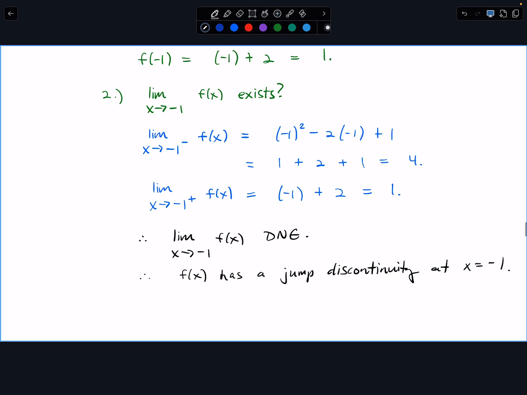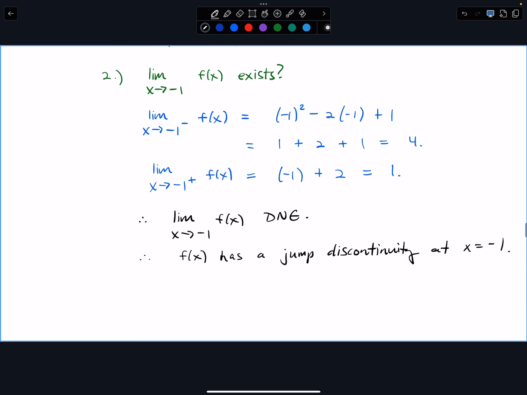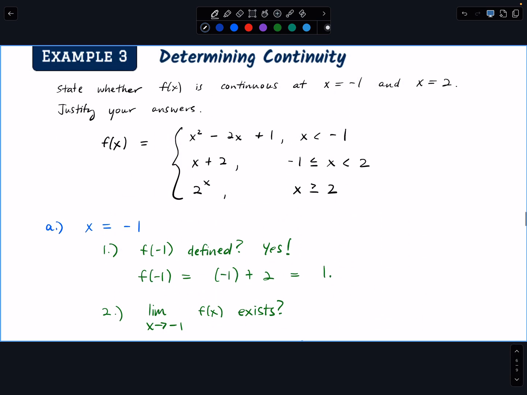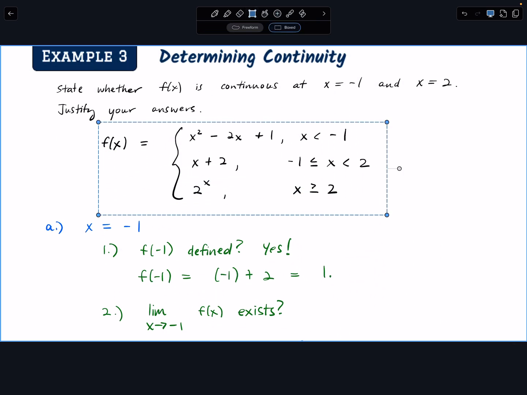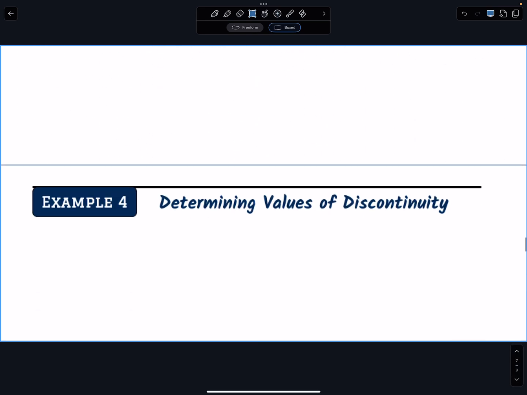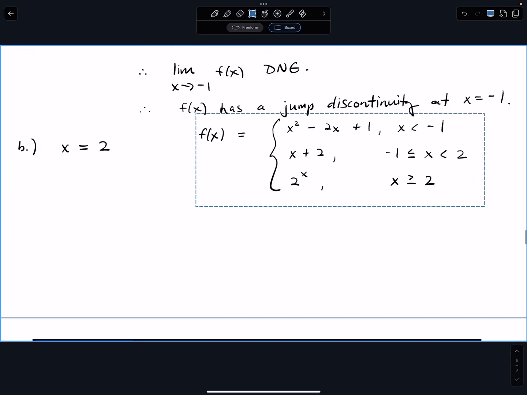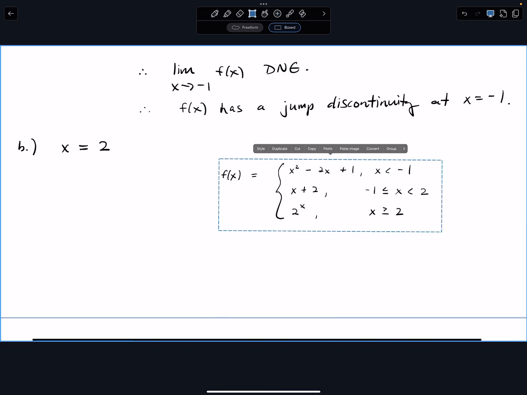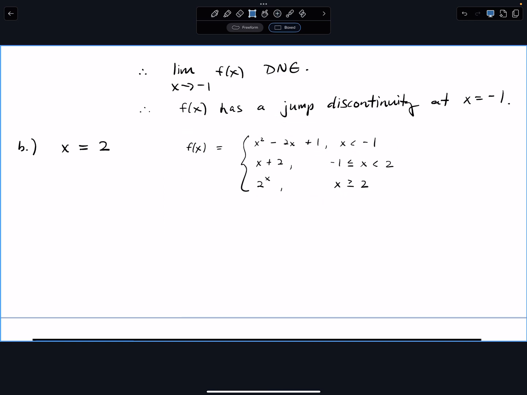Okay, we're not going to finish this, but let's do part B. I'm going to scroll up real quick just to copy the function. You guys don't have to because it's in front of you. Any questions?